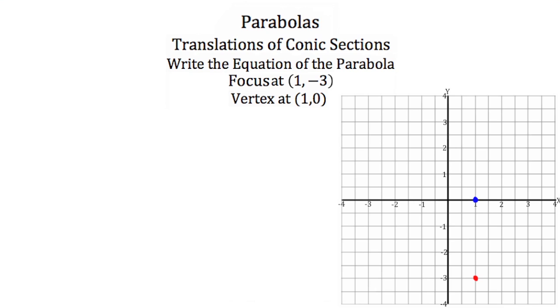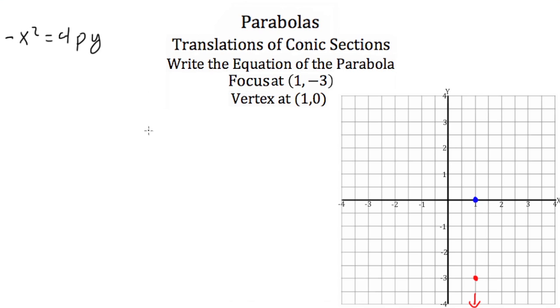If my focus is below my vertex, that means that this parabola is going to open downward. Since it's opening downward, I'm going to use the equation x squared is equal to 4py. But since it's opening downward, I'm going to say negative x squared is equal to 4py.